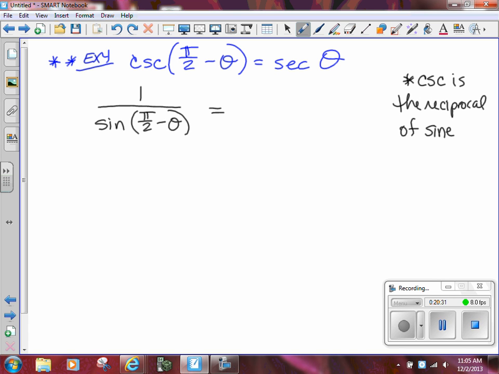We better get what? Oh, we better get 1 over cosine. Yes, I understand now. Go. Do it. What's the only thing different here? I got 1 on top. Big deal. Everything else is the same. Go.